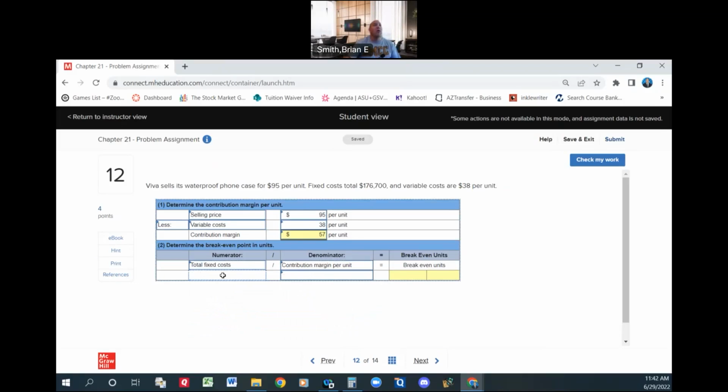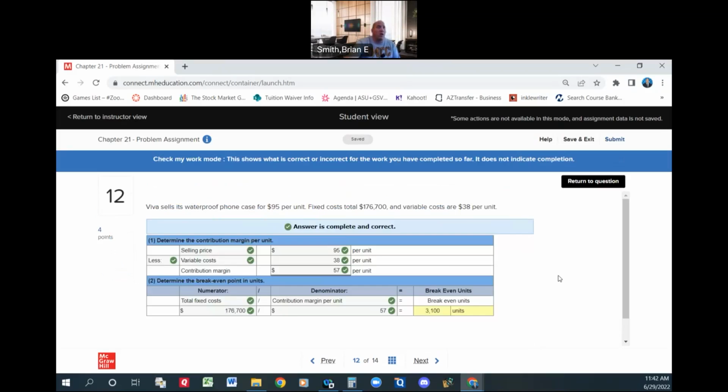Total fixed cost, oops, other way around. 176,700. Contribution margin per unit is $57. Should be 3,100 units. Let's check that work. This is where having those formulas that I told you about in the video is handy. If you just whip them out, you can look at it, oh yeah, that's the formula. Boom, there it is. It'll definitely help you out.